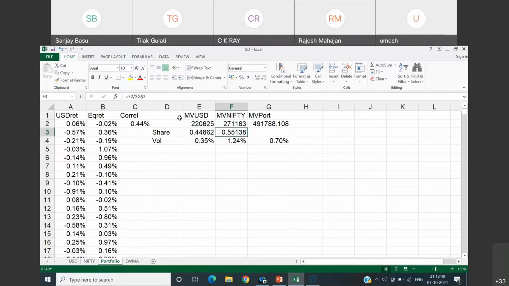So we see that 44% of the portfolio comprises USD and 55% comprises the other instrument. So this is 45, 44.8, that's 45, this is 55. What is portfolio volatility?